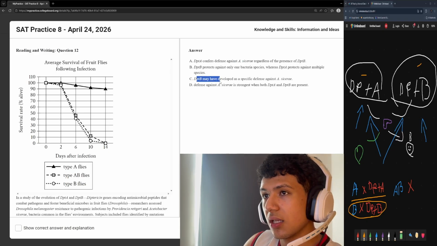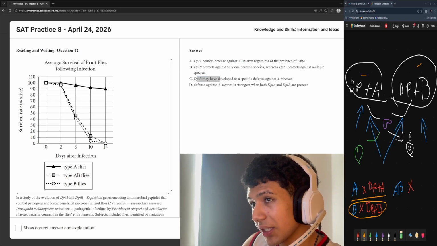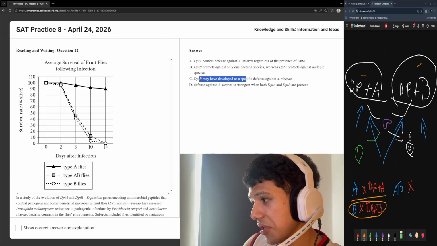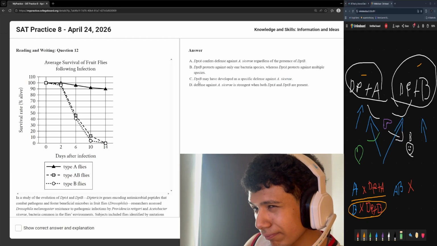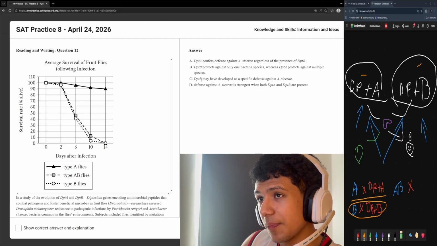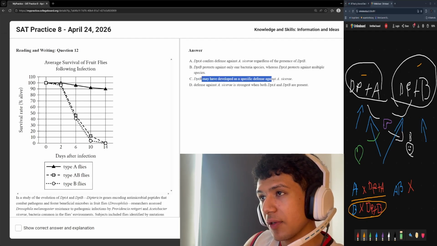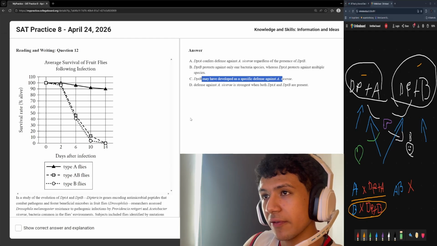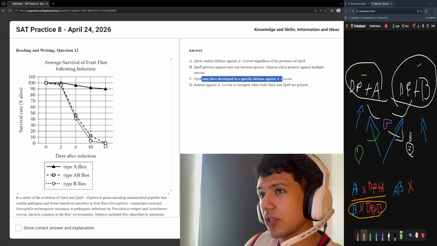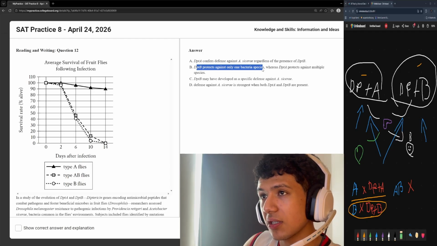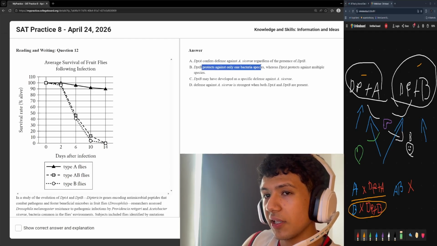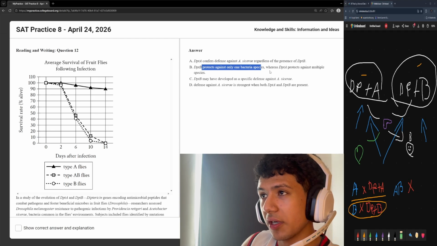Option D, DPTB may have developed as a specific defense against AS. Yeah, DPTB is a specific defense against AS because they survive. That's it. That's the answer. Option B says DPTB protects against only one bacteria species. Well, it's protecting against this one, where DPTA protects against multiple species.